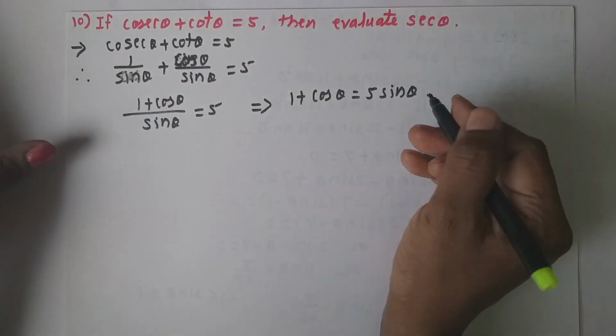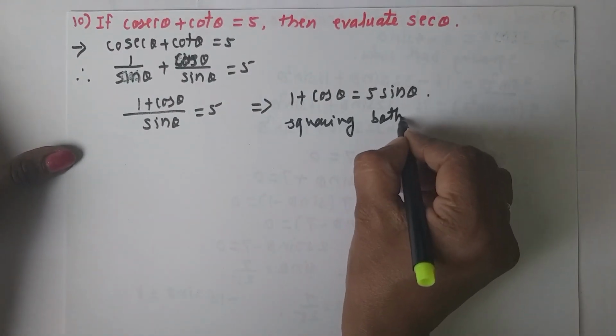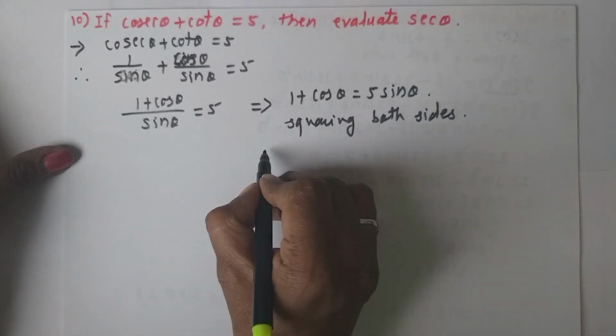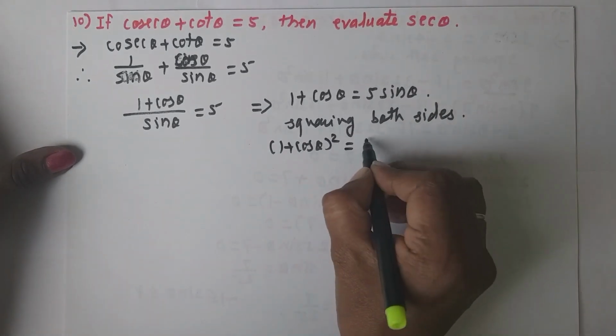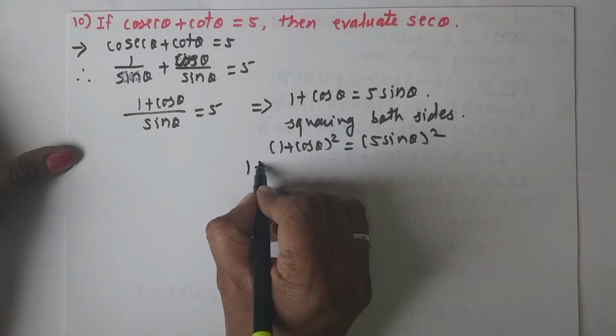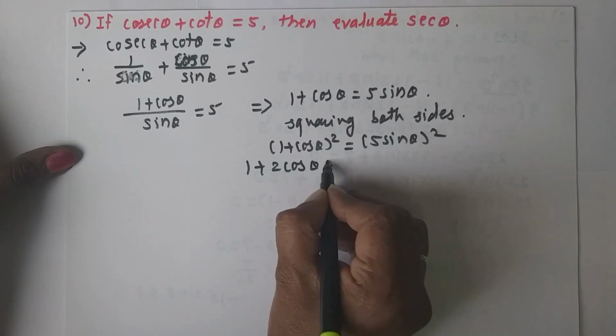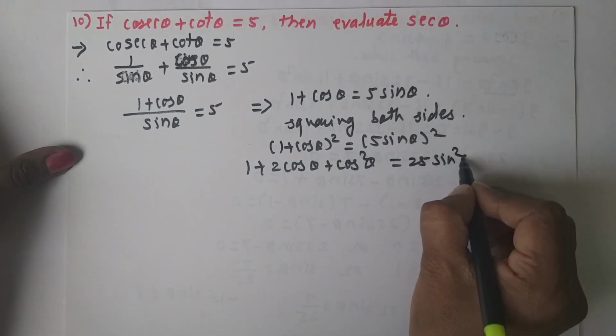Now we will square both sides. Write down squaring both sides. If I take the square of both sides, then this will be 1 plus cos theta whole square, and this will be 5 sin theta whole square. And what will this be? This will be 1 plus 2 cos theta plus cos square theta, and this will be 25 sin square theta.